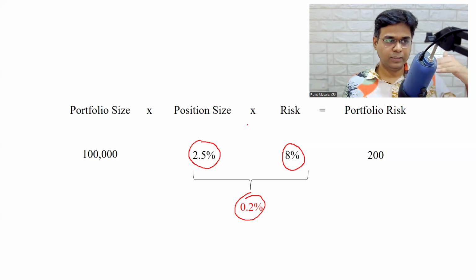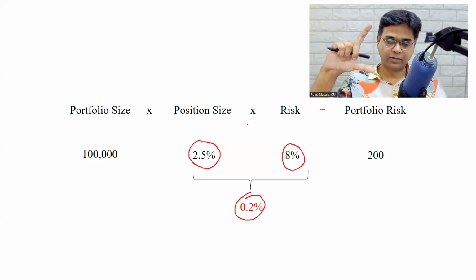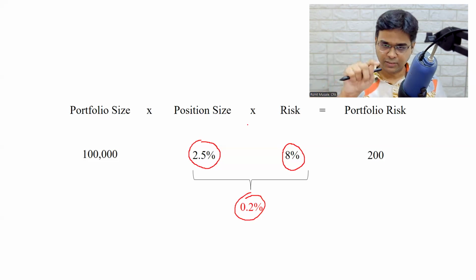If you increase your position size but want to reduce your overall risk, you will have to shrink your stop loss. And if you reduce your position size, you have the flexibility to keep a wider stop loss. So this equation, position size multiplied by your risk, is equal to portfolio risk.